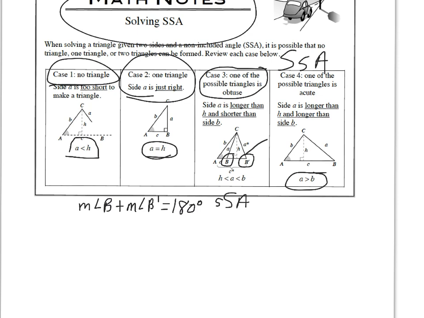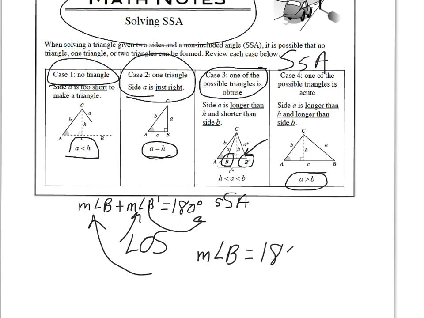You're always going to be finding, in this picture, it's labeled as B prime. That's what your law of sines will find. You'll have to find the other angle by subtracting the first angle from 180 degrees. So to find the measure of angle B, you're going to take 180 minus the measure of angle B prime.